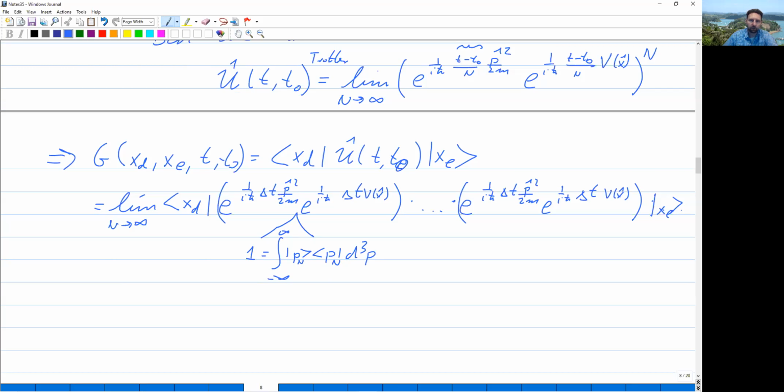And here too, here we would insert then a resolution of the identity. Whenever there's a momentum operator, we insert the resolution of the identity in terms of momentum. Integral Pn minus 1, Pn minus 1.